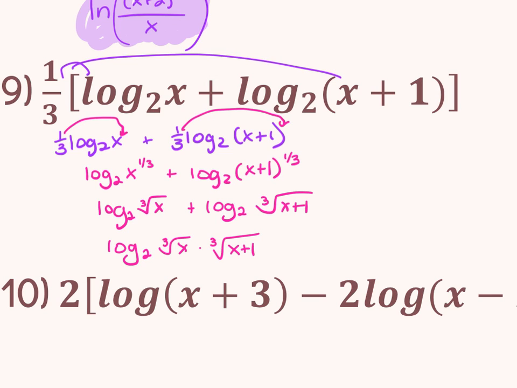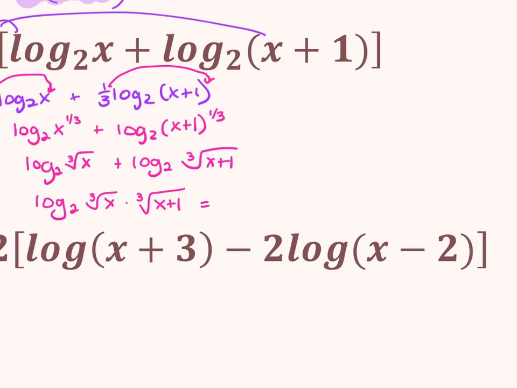Can I multiply a cube root times a cube root into one cube root? Yeah. So if it was a square root and a square root, like the square root of 8 and the square root of 2, I can combine that together to be square root 16. It's the same thing here. So I can rewrite this as 1 cube root. Log base 2 of the cube root of x times x plus 1.